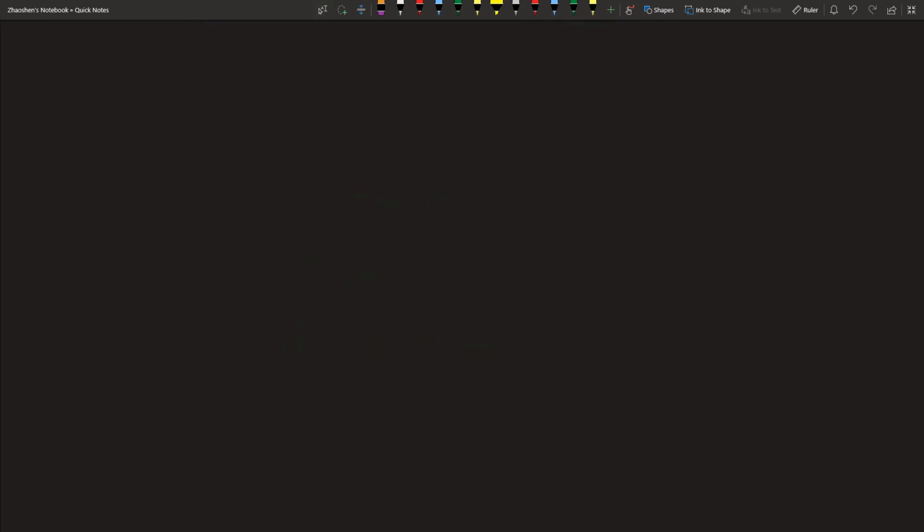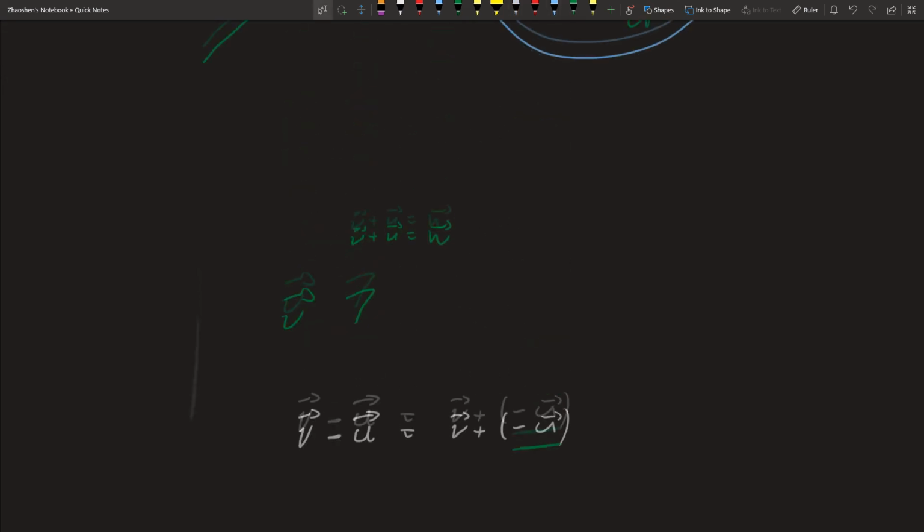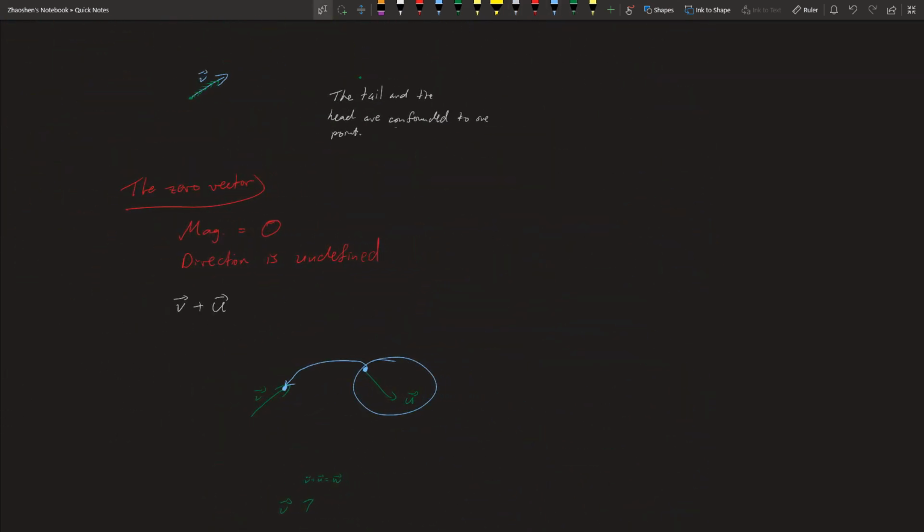What about subtraction? Remember that subtraction is just addition with a negative sign in front of the second vector. So, this statement, vector v minus vector u, can be written as v plus, well, negative u, right? And what is negative u? We discussed this earlier. Negative u, let me scroll all the way up.